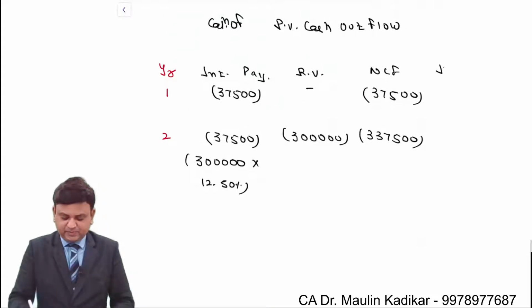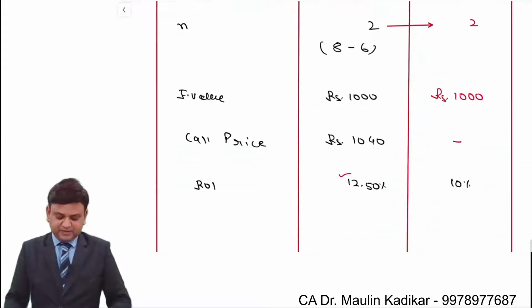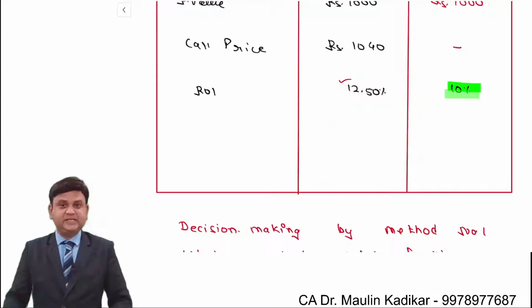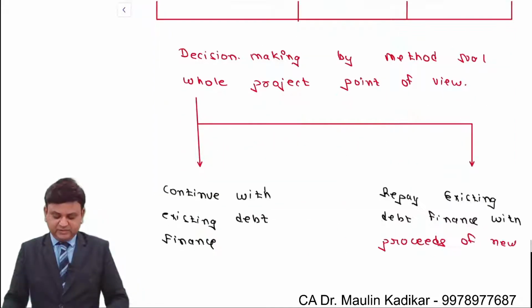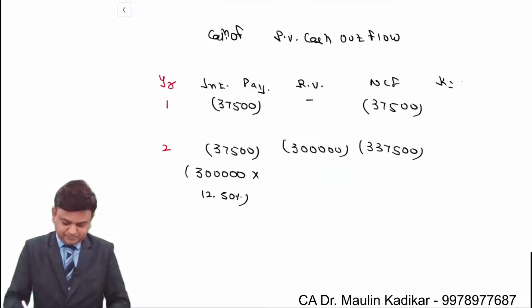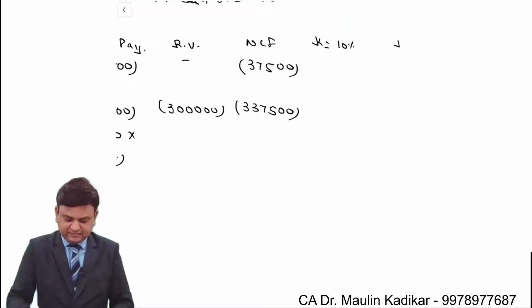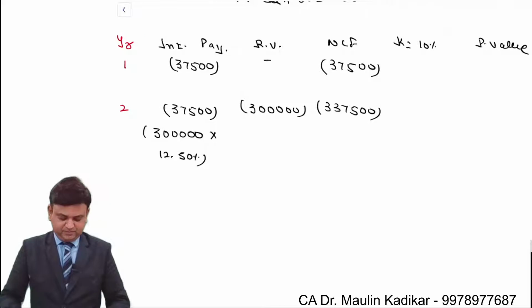These two cash flows will be discounted with the appropriate cost of capital. What is the appropriate cost of capital, friends? Importantly, it is 10%. That is, the existing cost of capital will be taken into account. And based on that, we will have the present value of the cash outflow.